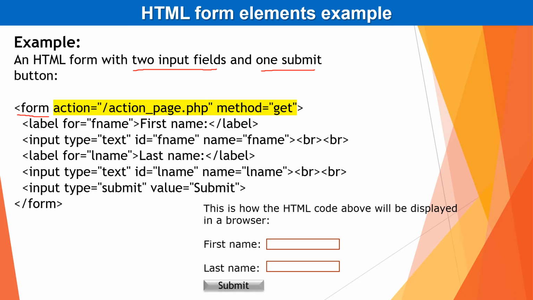The action to be taken is that this .php file will be run when this form is submitted. And method is also one of the attributes. The method is equal to get. There are two methods, get and post. We are learning get and post in our next sessions, but here we only see that the method is equal to get.